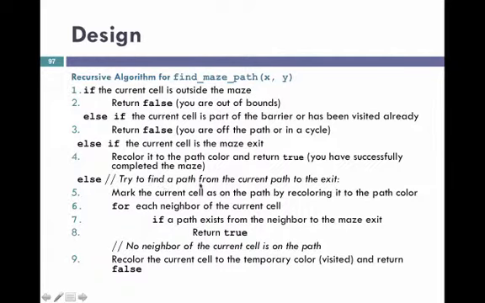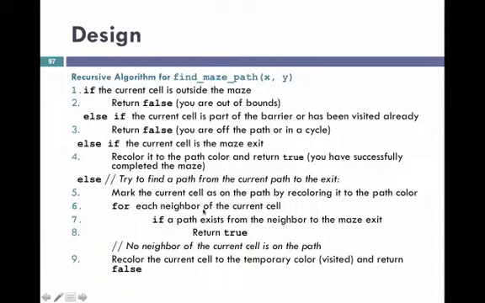Otherwise, we want to try to find a path from the current cell to the exit. So we mark the current cell as on the path by recoloring it to the path color. At the moment, that's just sort of a guess, or we'll assume that the current cell is on the path.